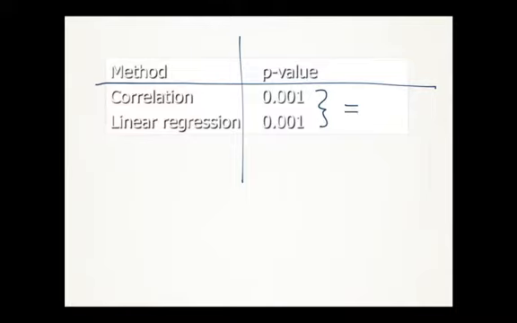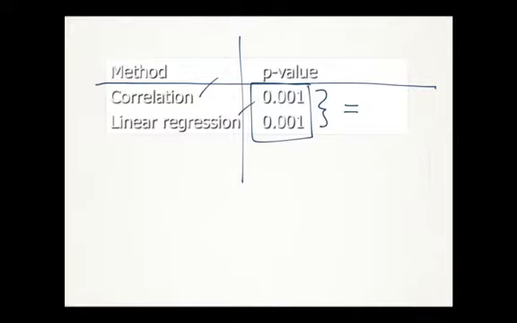They're equal. We got the exact same p-value when we did correlation as when we did linear regression. Our conclusions were the same. And this isn't a coincidence, but has something to do with the relationship between correlation and linear regression. We're going to talk more about this in the future.